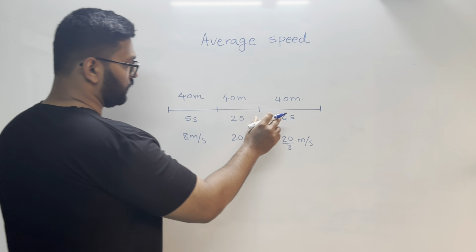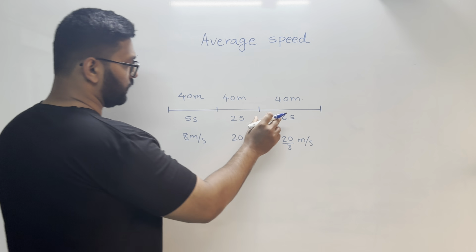Now how will you define non-uniform speed? You can say non-uniform speed means the speed is not constant at every interval of time. So the definition can be like this for non-uniform speed: when an object covers unequal distances, because for uniform speed what we wrote was equal distances in equal intervals of time.